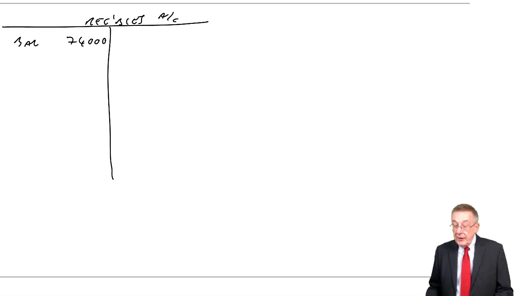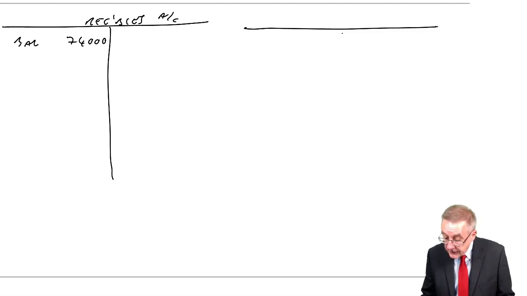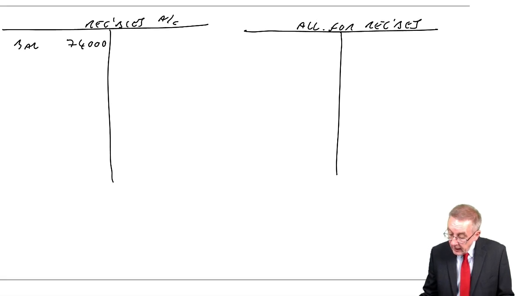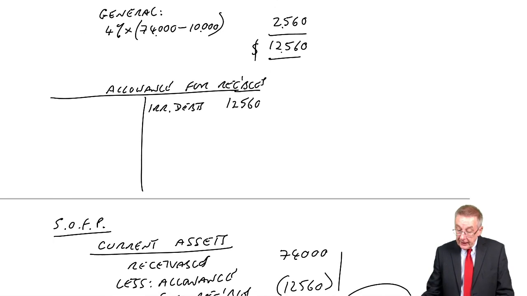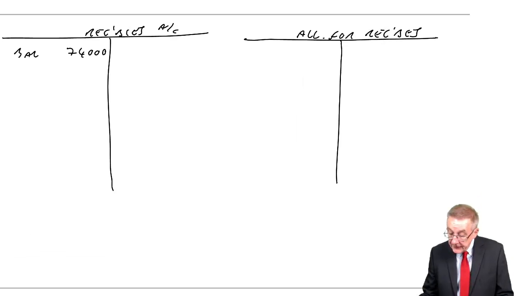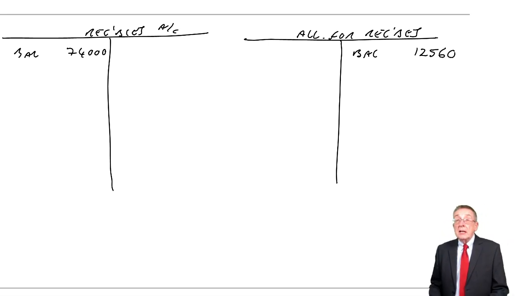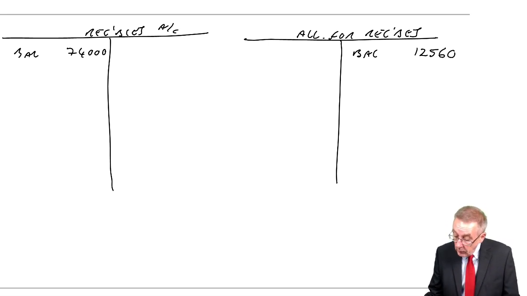Again, at the end of the first year, we had an allowance for receivables. The balance was a credit balance of 12,560.